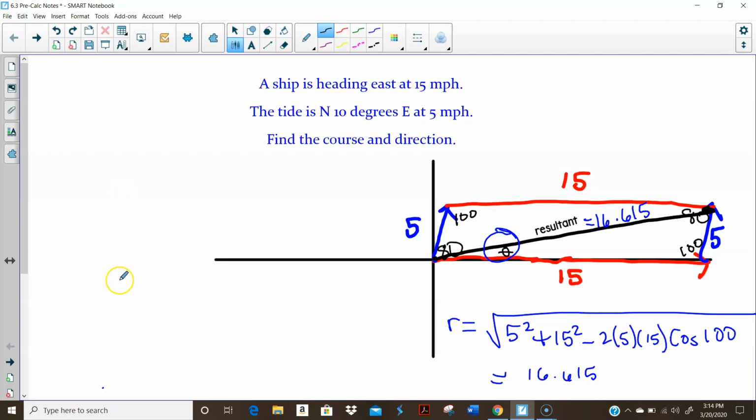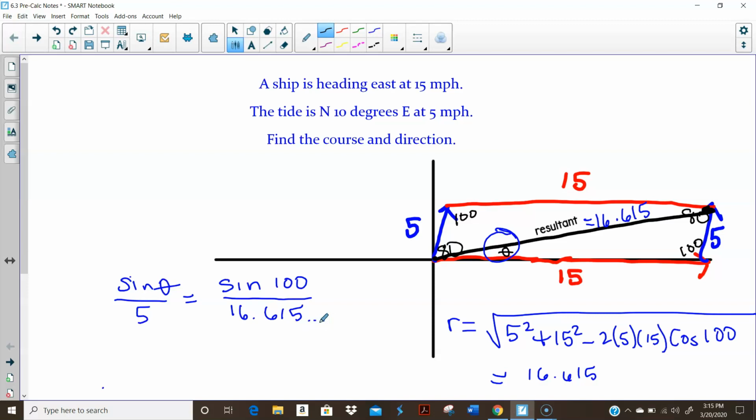So we can do the sine of theta over its opposite side, which is 5, is equal to the sine of 100 over that resultant side that I just found. And in your calculator, you're going to want to have stored this number, and you're going to want to use the full number, so instead of the decimal.